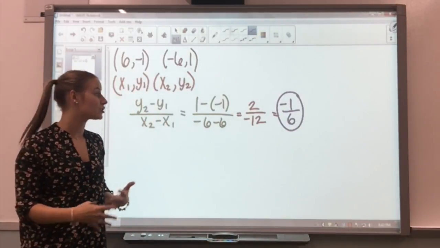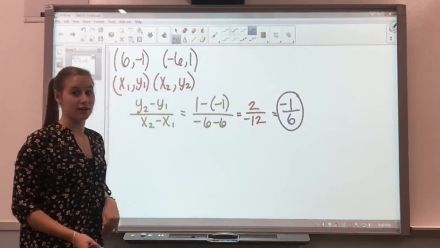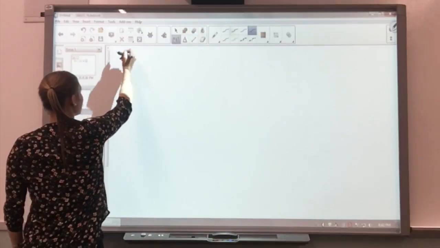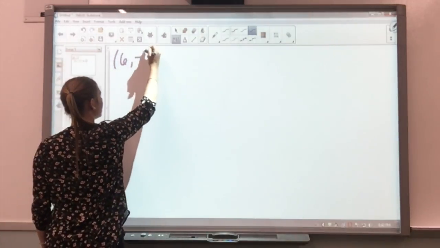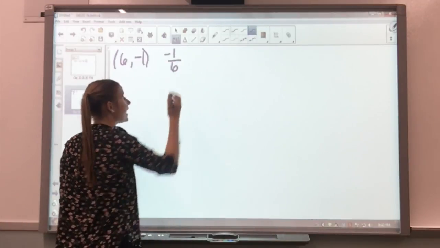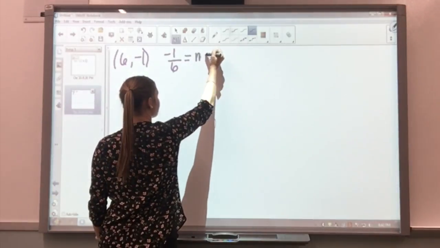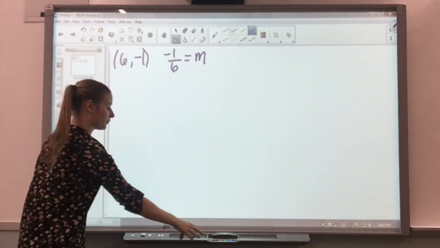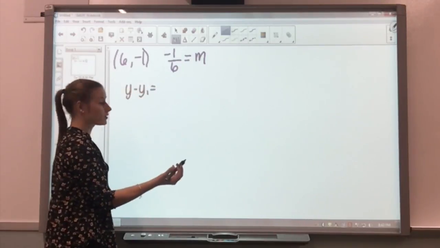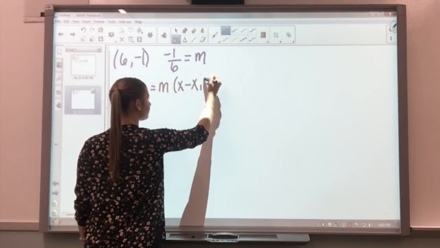Now we can write the linear equation using our slope and one of the points. Let's choose the point (6, -1), and we know that our slope is -1/6. We define our slope with the letter m, so m equals -1/6. We're going to use the equation y minus y1 equals m times x minus x1.